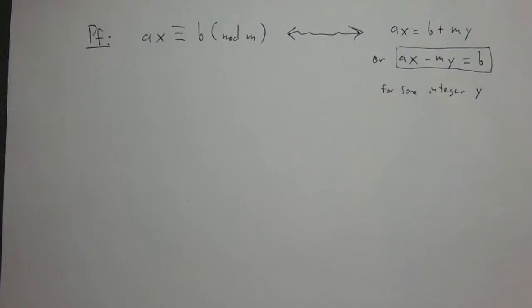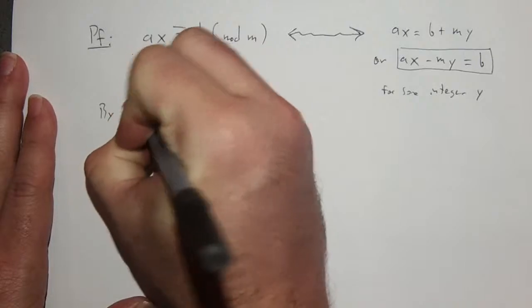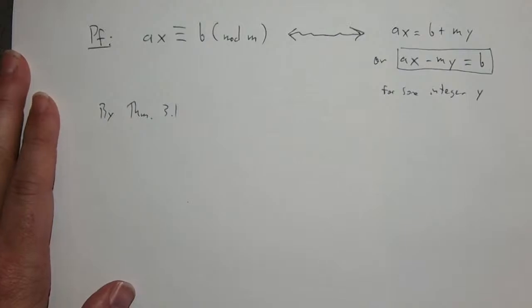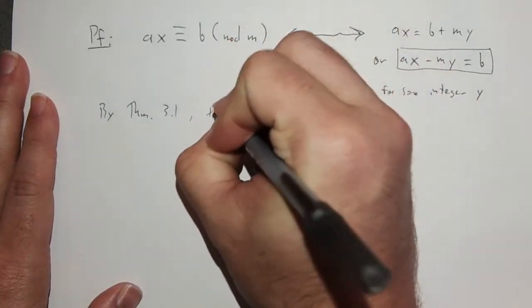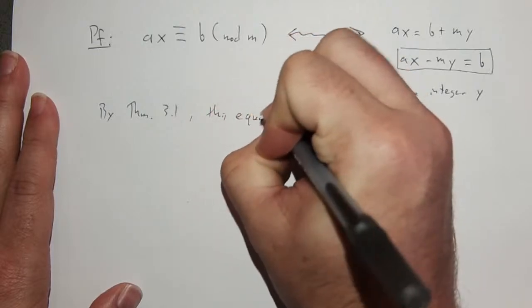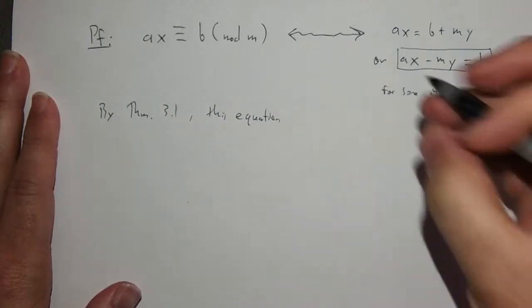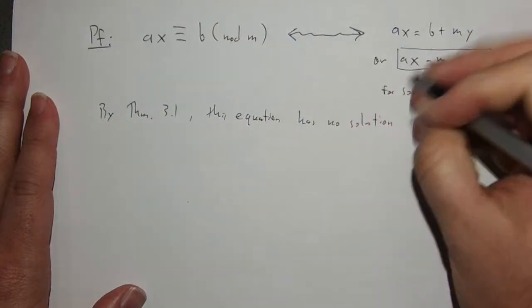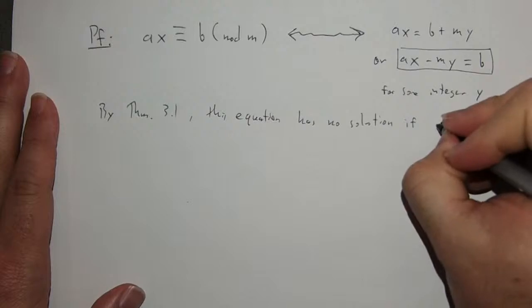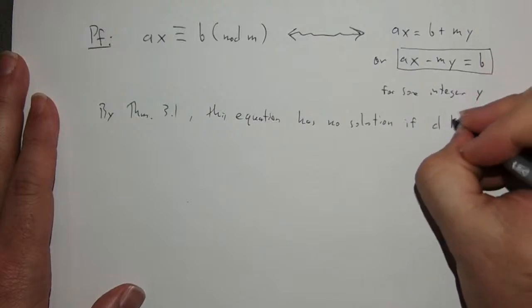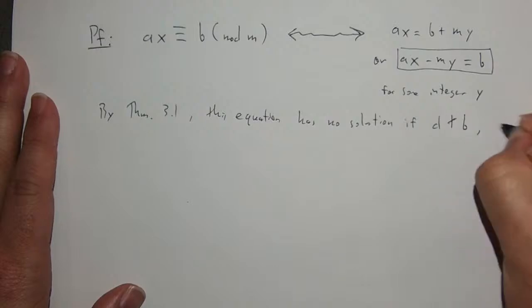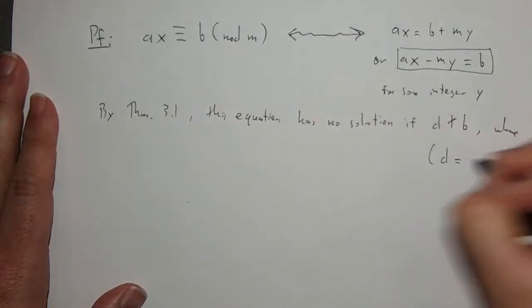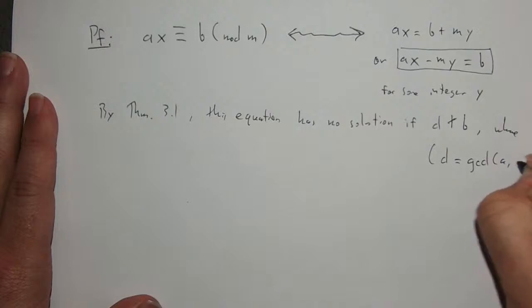So I want to use Theorem 3.1. By Theorem 3.1, this equation has no solution if d does not divide b, where d is the GCD of a and m.